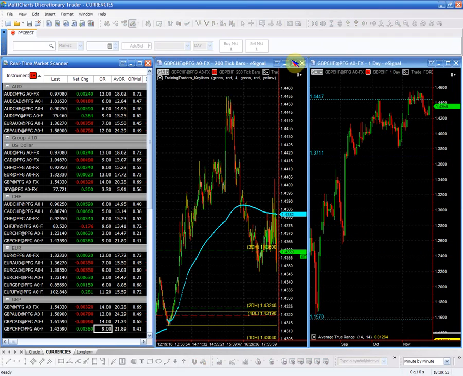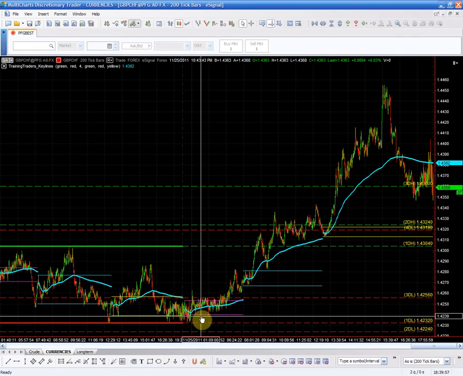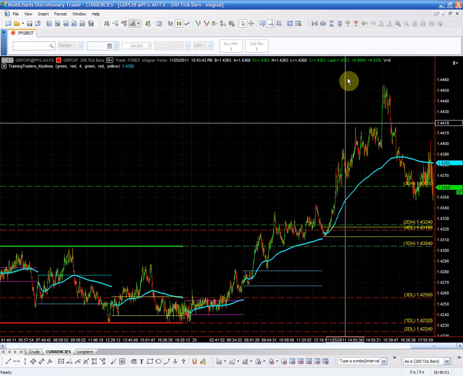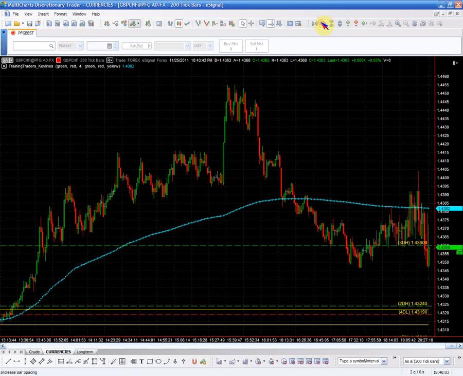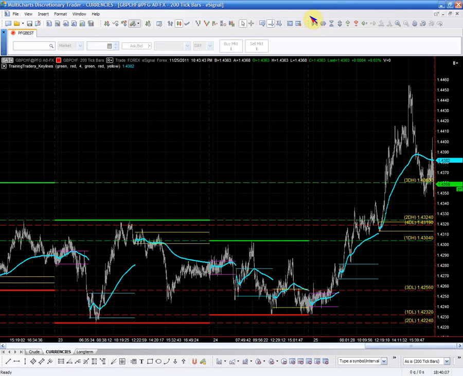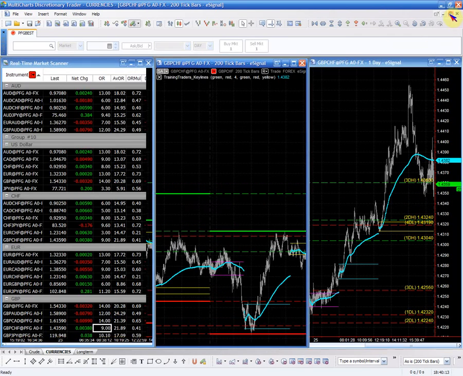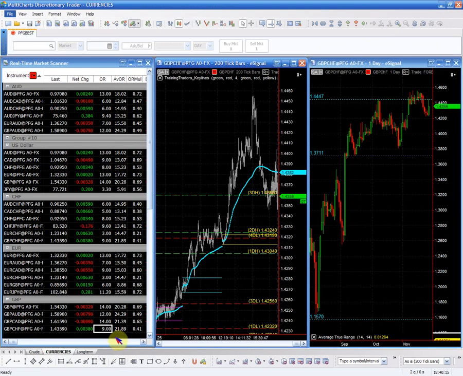If we're going to look for a short entry, there isn't really much. Well, we can take a short entry below 143.